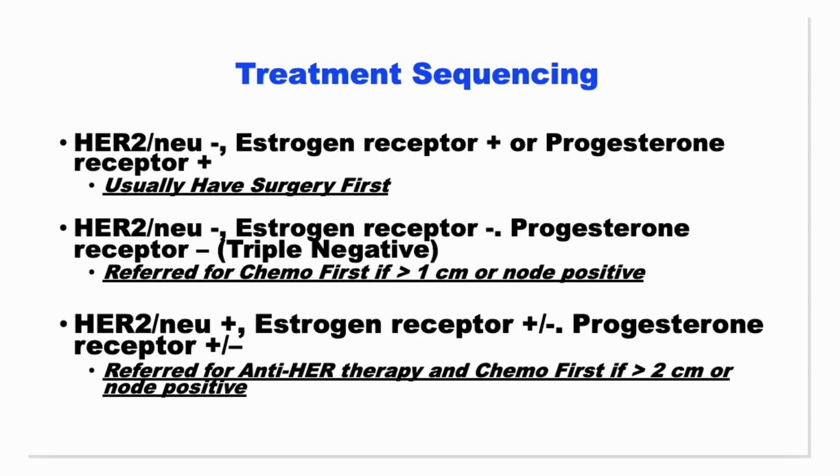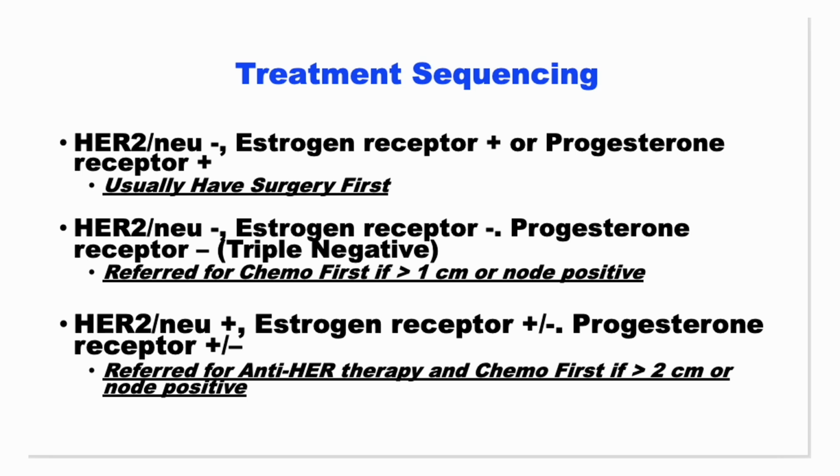With regards to triple negative and HER2 positive invasive breast cancer, optimal sequencing of cancer therapy has changed considerably since the 1980s. Recent clinical trials using more effective anti-cancer medications demonstrate the potential for marked improvement in overall survival with upfront chemotherapy and/or anti-HER2 therapy.